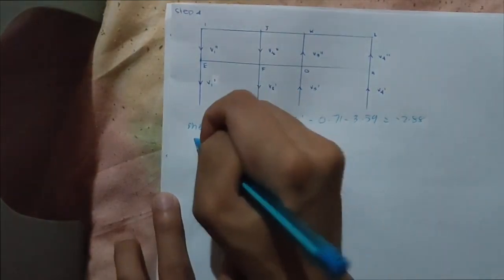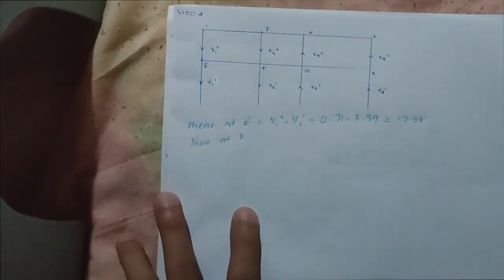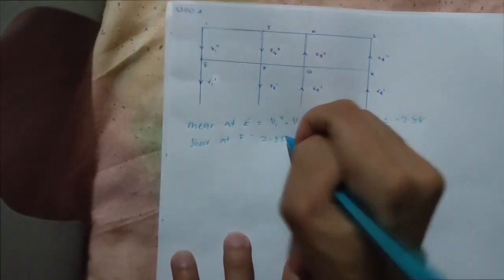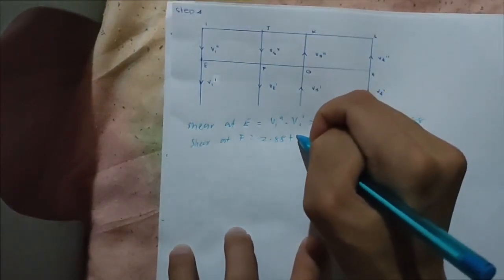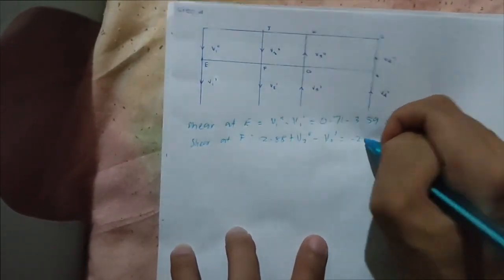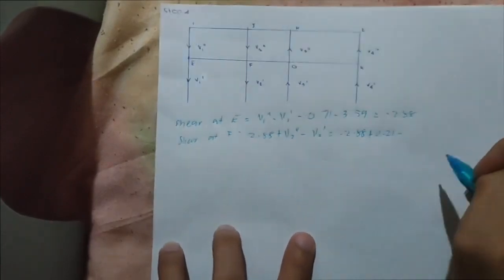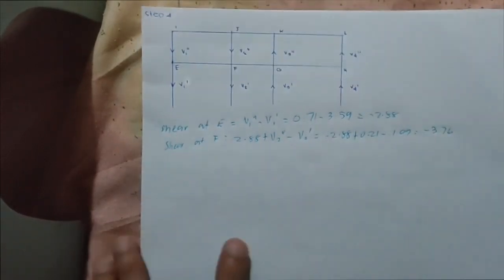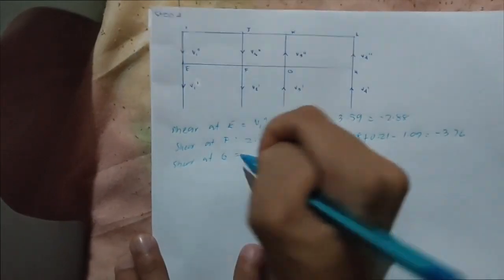Then here at F, we copy negative 2.88, then plus V2 second floor minus V2 first floor, which equals negative 2.88 plus 0.21 minus 1.09, which is equal to negative 3.76. Then shear at G.